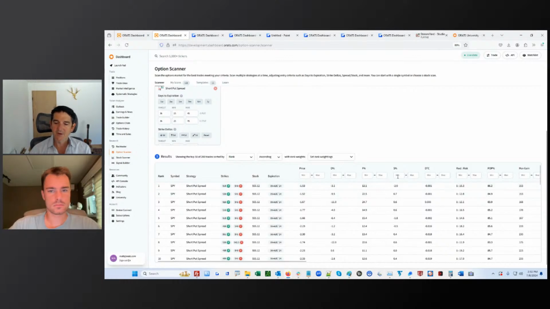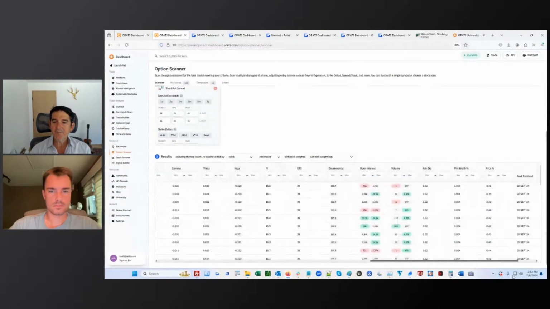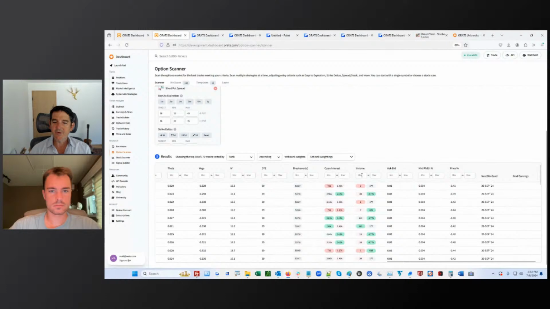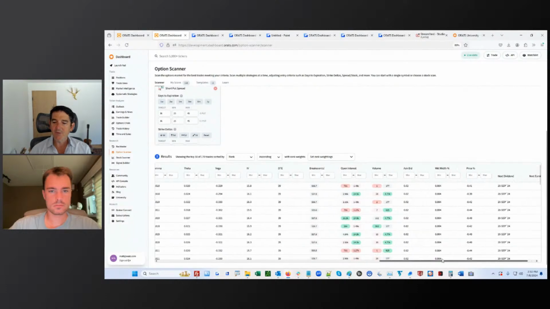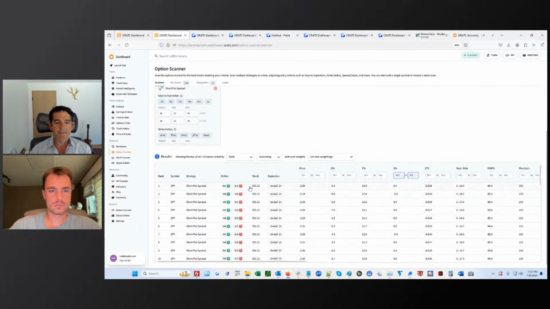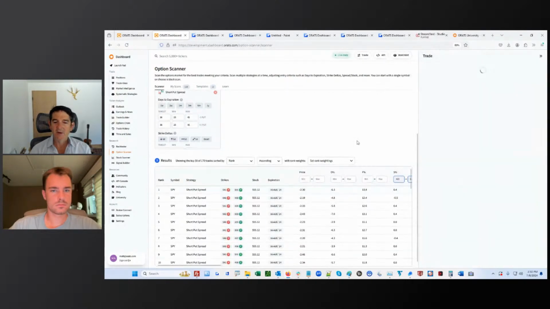Minus 2 is too much for SPY. It's sometimes difficult to get. So I go a half of a vol point, both sides. And then you could do open interest or volume, but that's not that important for this one because it's SPY. So this is basically the choice.